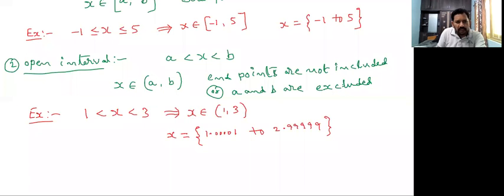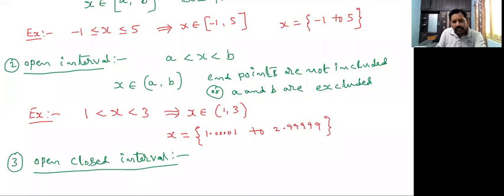Next, the third one: open-closed interval. If x is a real number, now a is less than x, which is less than or equal to b.